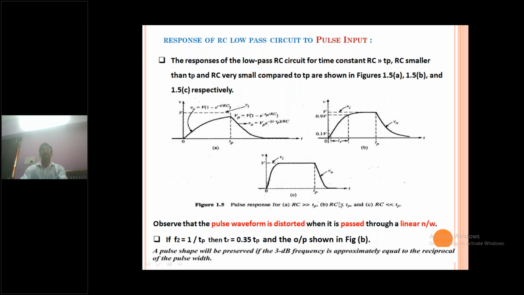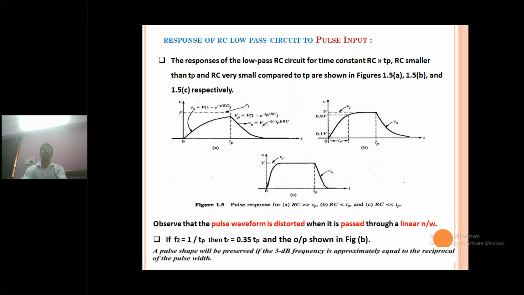And the third one is RC far less than TP. That means the capacitor is a very small value, so the capacitor will charge fast. When the time constant is very small, the rise time is very small, so the capacitor charges very quickly. Whenever a step voltage is applied, initially the capacitor is uncharged.